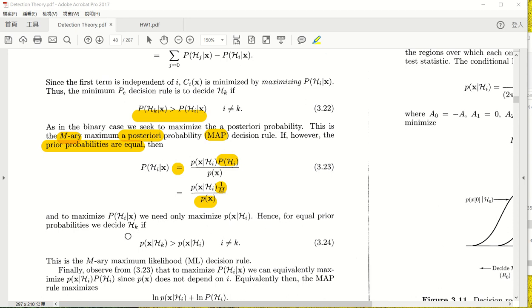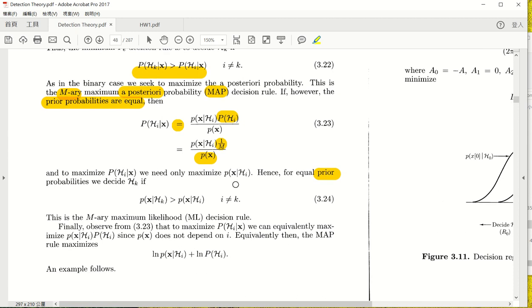Therefore, for equal prior, notice the word prior. For equal prior probability, we decide Hk if P of x conditional on Hk is larger than P of x conditional on Hi for i not equal to k. In fact, I should say for all, you know the word for all. There are notations that I use, right?